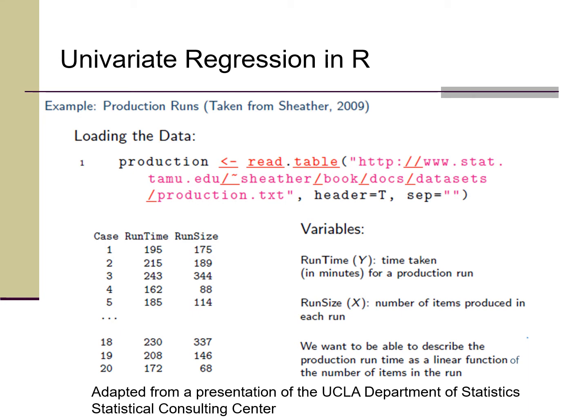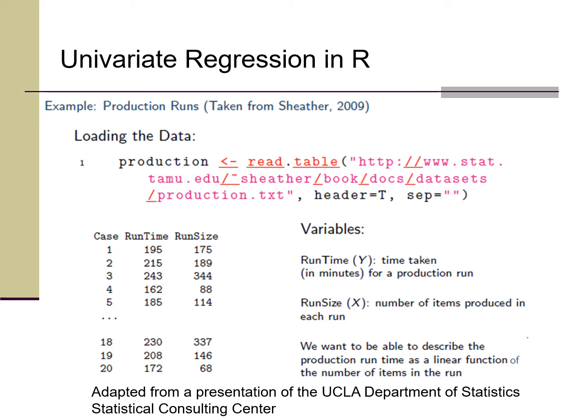There's a space between those two quotes. So we're going to read this into a data table, and we're going to wind up with 3 columns: case, runtime, and run size. Runtime is the time taken in minutes for a production run, and run size is the number of items produced in each run.